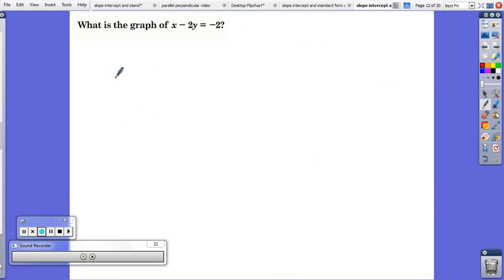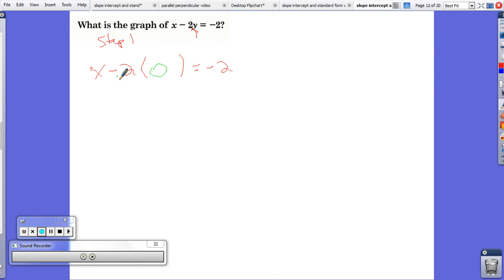All right, so I'm going to find the x and y intercepts. So step 1, I'm going to put in 0 for y, and then I'm going to graph it. Okay, so I'm going to place 0.